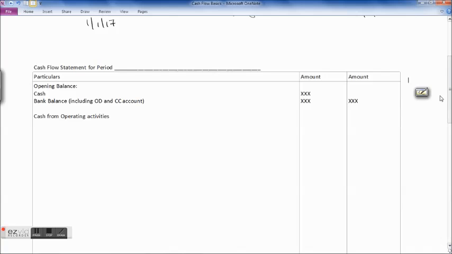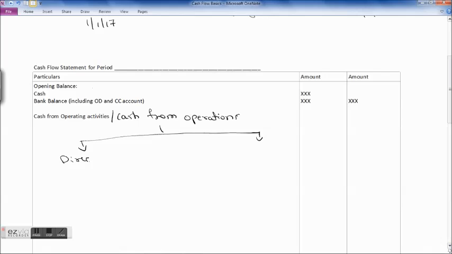Cash from operating activity. As the name itself suggests, operating activity means whatever is the cash outflow or inflow from your operations. Now, there are two methods of calculating this cash from operating activities: one is the direct method and one is the indirect method.